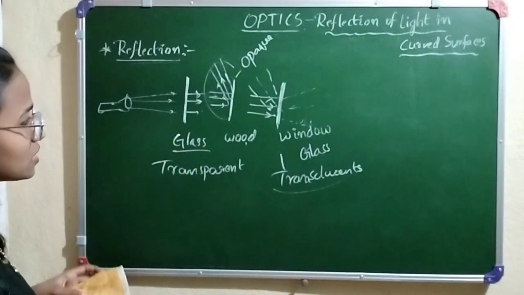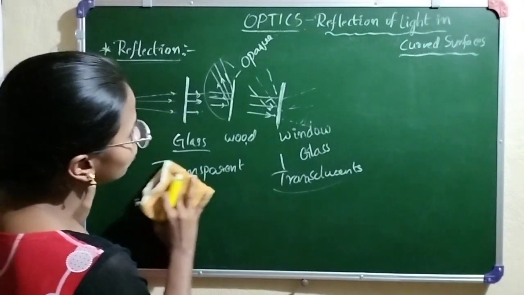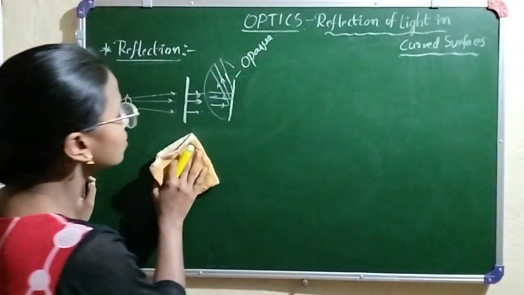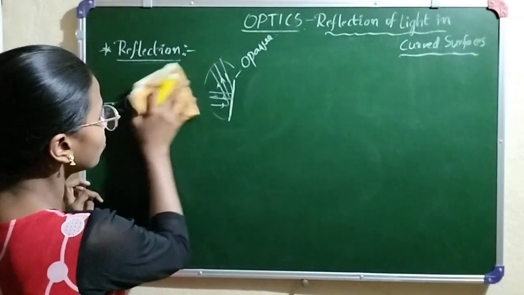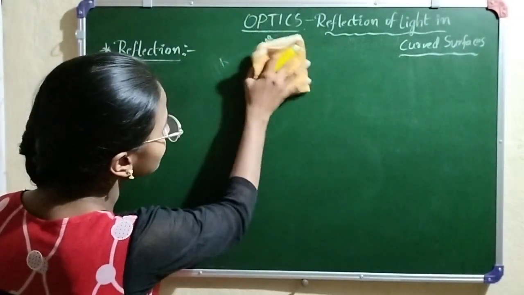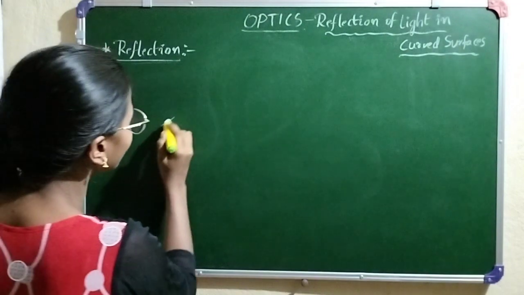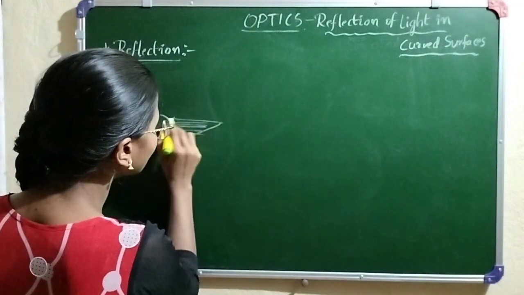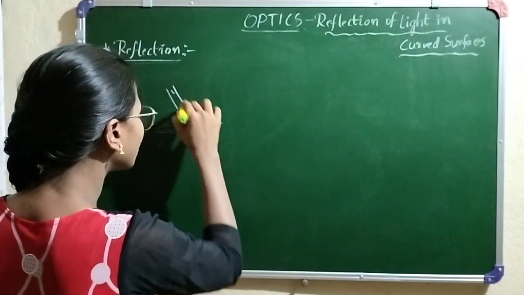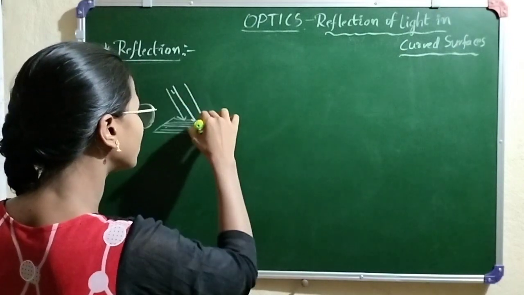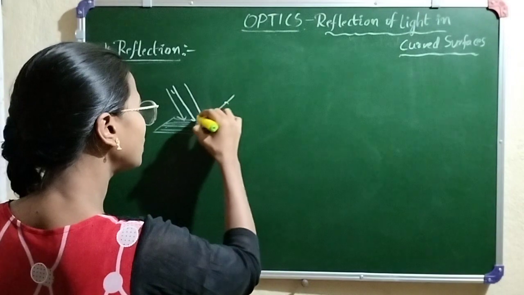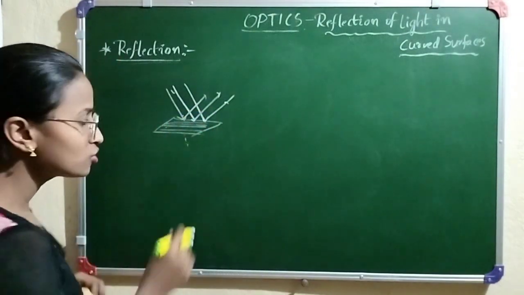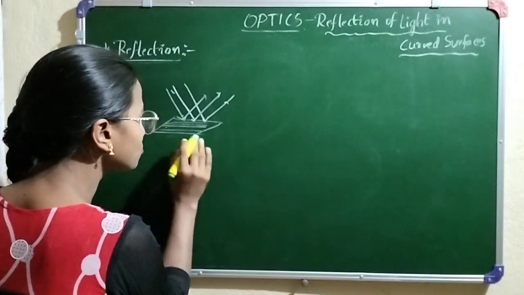So in these cases, with opaque materials, this is the reason why some objects form a shadow and some do not. If I take a window and a wooden plank and send light through it, the light does not fall behind the plank. It bounces back, and light does not come down, so that whole side becomes dark.